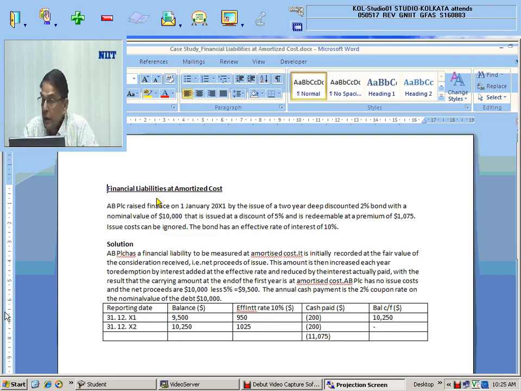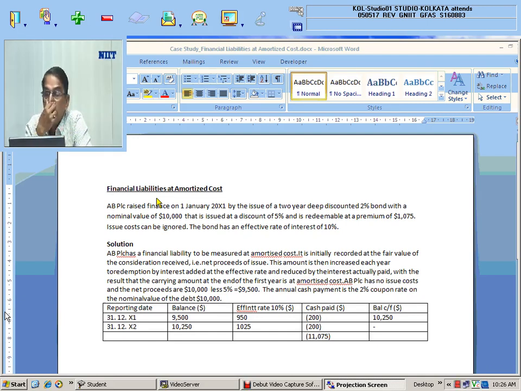So the initial measurement is at the fair value of the consideration received, the proceeds of the issue. Then the amount is increased each year to redemption by interest added at the effective rate and reduced by the interest actually paid. So the carrying amount at the end of the first year will be at amortized cost.